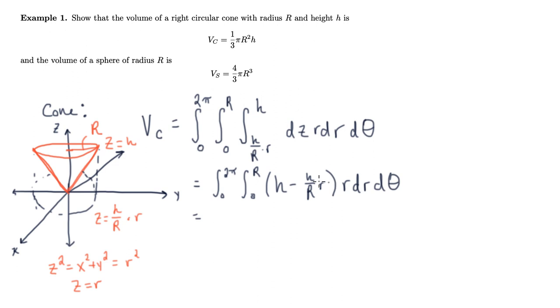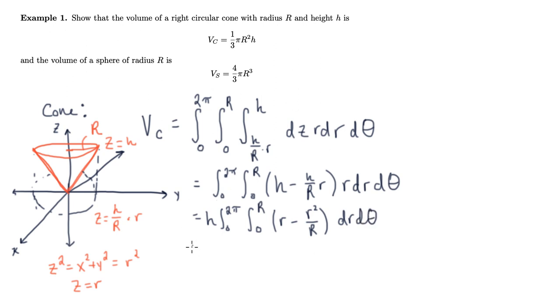Okay, notice I can factor out an h, since h is just a constant. And then I really just have r minus r squared over big R. And then we have dr d theta.